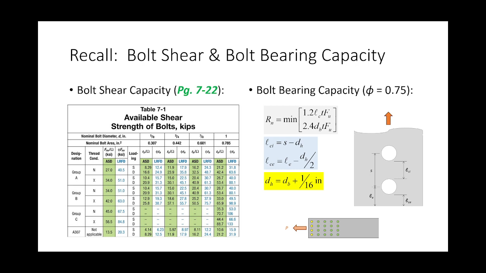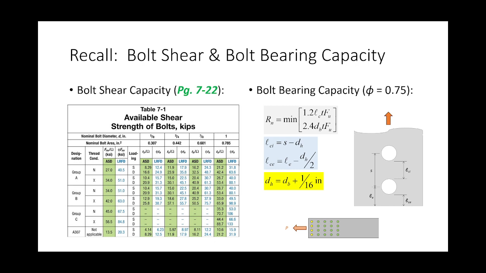And so we have our capacity is listed as the minimum of 1.2 LC-TFU or 2.4 dB-TFU, and that is the capacity per bolt. Now, what we do in practice, and we're going to have an example that looks at this in a second, is we're going to look at a connection that has an arrangement of bolts. If you look at this image on the bottom, I've got green bolts and yellow bolts.